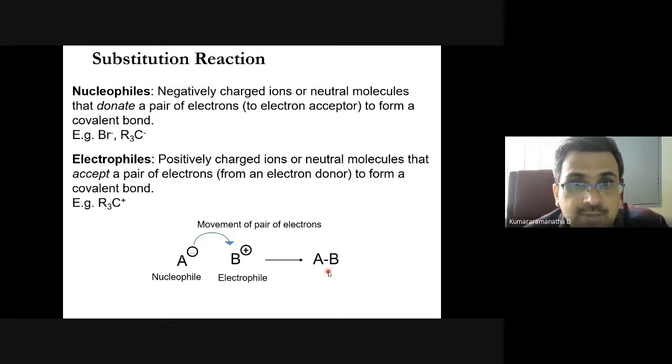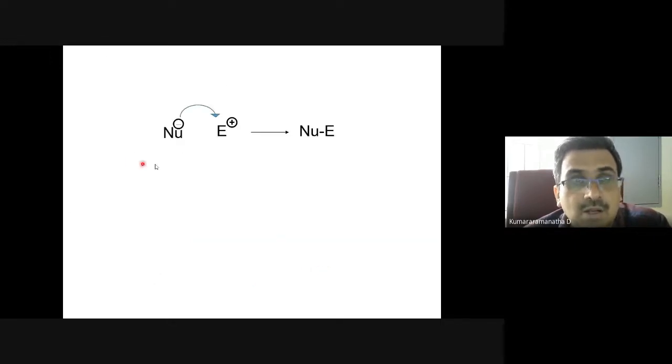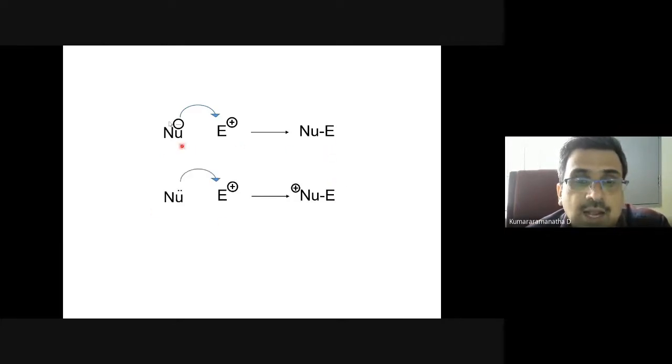Okay, as simple as that. Either by transferring the electrons or by directing the lone pair of electrons towards the electrophile. Okay, so these are the ways by which the bonding between nucleophile and electrophile happens.